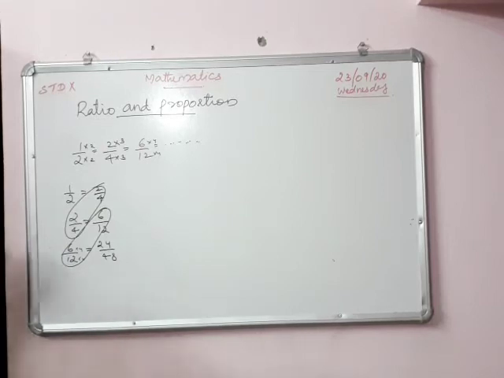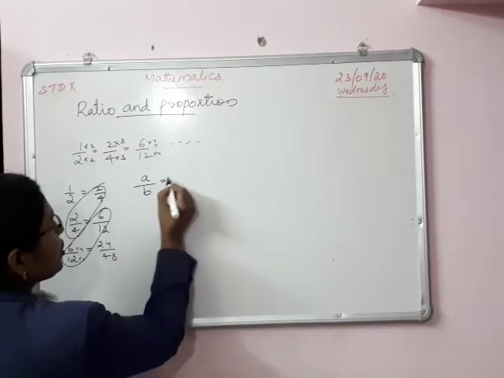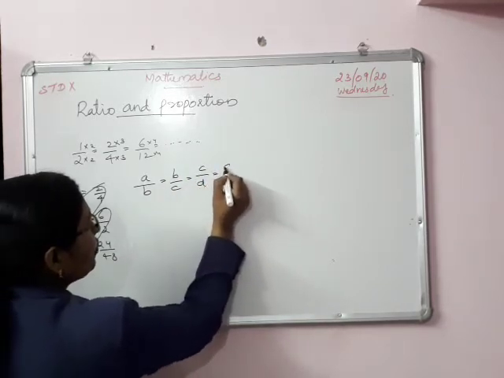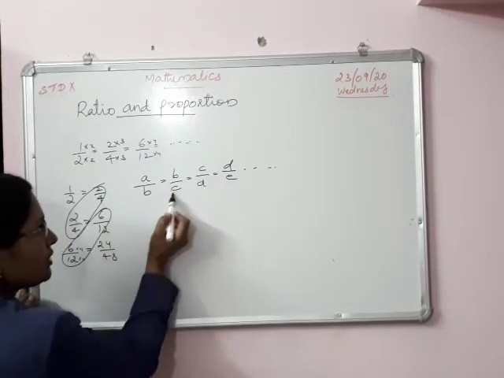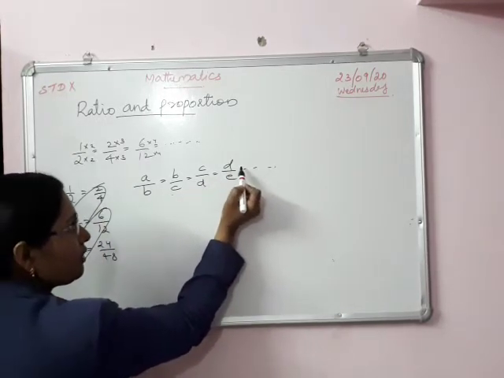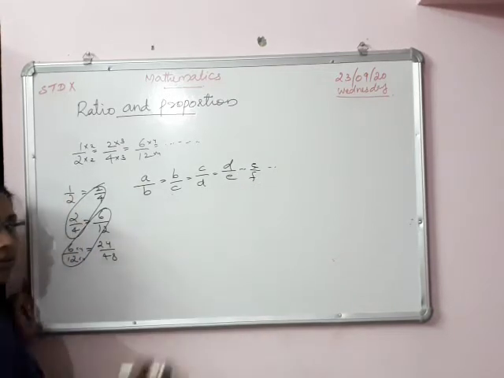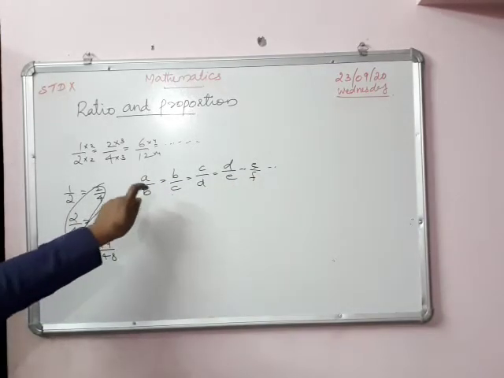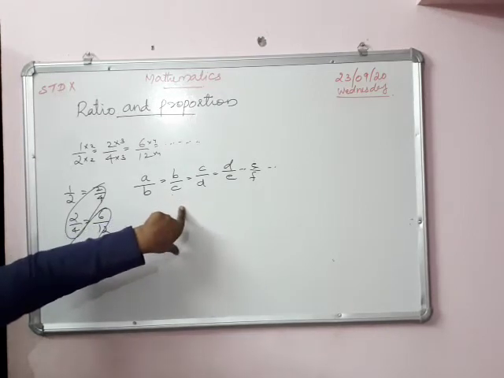In general, if A by B is equal to B by C is equal to C by D is equal to D by E, etc. Here you see B equals B, C equals C, D equals D. Next E by F will come. Instead of numbers we selected variables, and they are said to be in continued proportion.